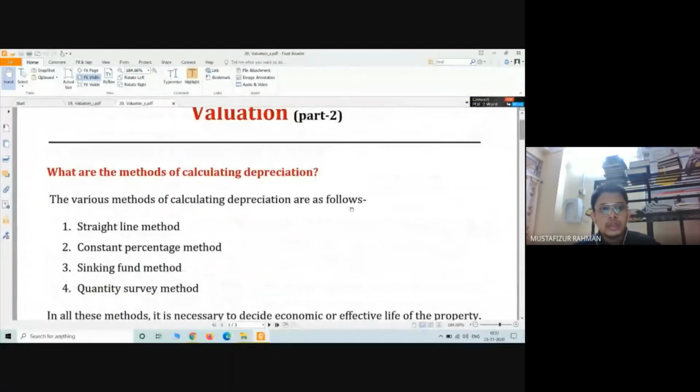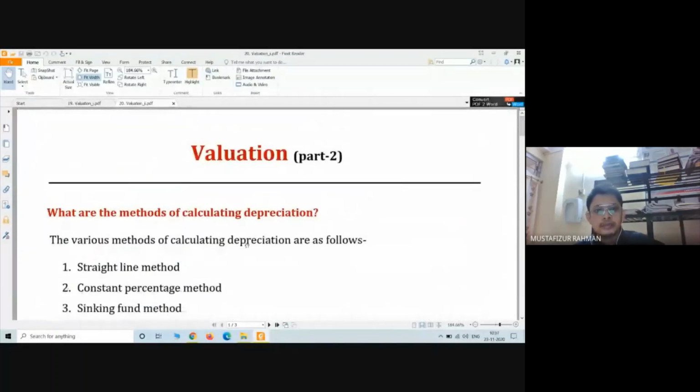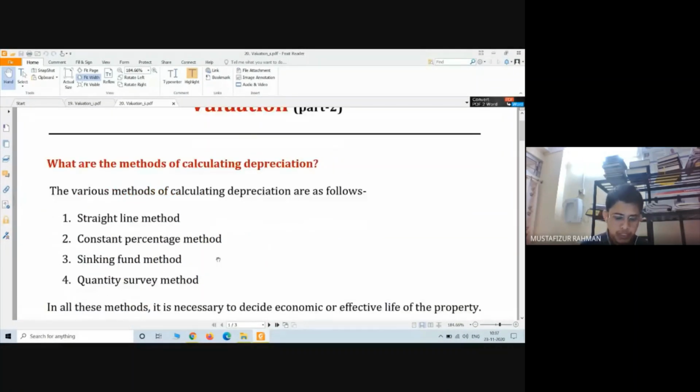Then after this, we have certain methods of calculating depreciation. How do we calculate depreciation, because the building, the structure, the property is depreciating all the time, right? So there are certain methods of depreciation. Number one is the straight line method.